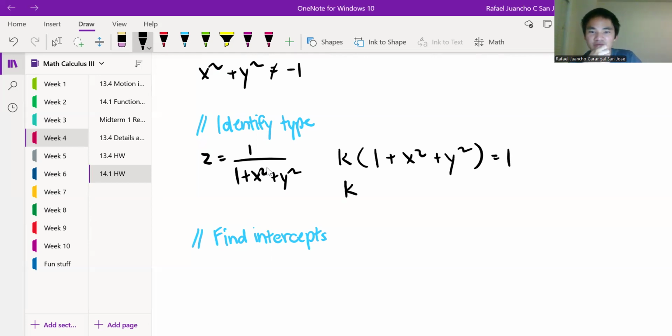Then I'm going to say, oh, I have k plus kx squared plus ky squared equals 1. Actually, I don't know why I did that. I could have just divided everything by k, right?